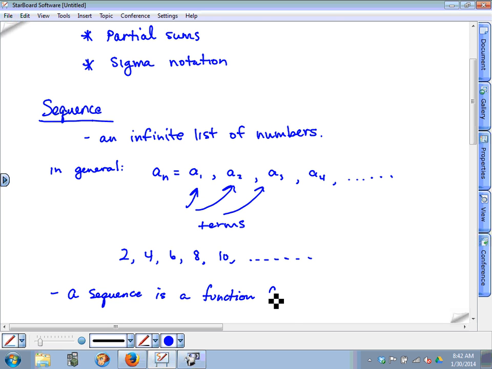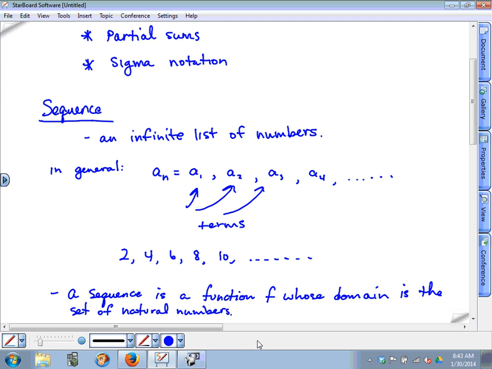A function f whose domain is the set of natural numbers.